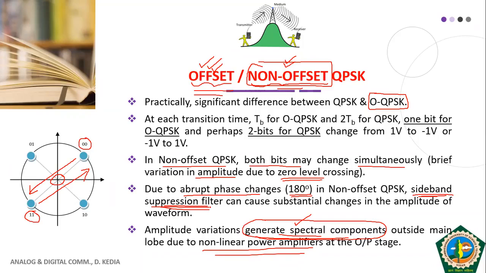Or in other words, because of these additional spectral components, there will be interference between adjacent bits. So inter-symbol interference may take place, or inter-channel interference may take place because of non-offset QPSK. So practically, that's why we use offset QPSK in quadrature phase shift keying. Fine. I hope all of you have it clear, what is the difference between offset QPSK and non-offset QPSK.